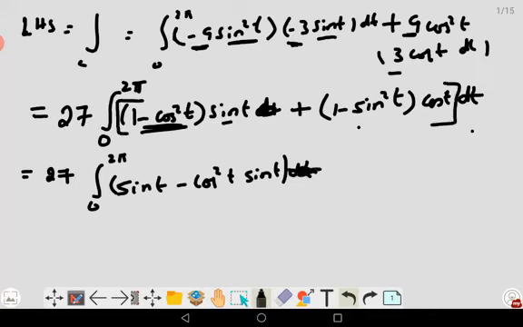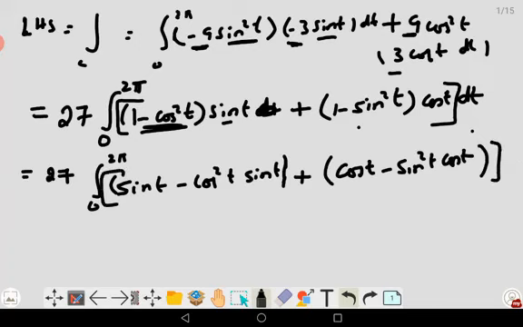We don't want dt here, that's right. Plus cosine t minus sine squared t cosine t. What is happening here? We are multiplying this sine t to every term, and here cosine t to every term. That is what we do in the next step, right?